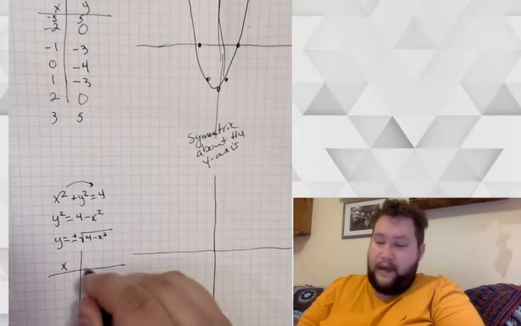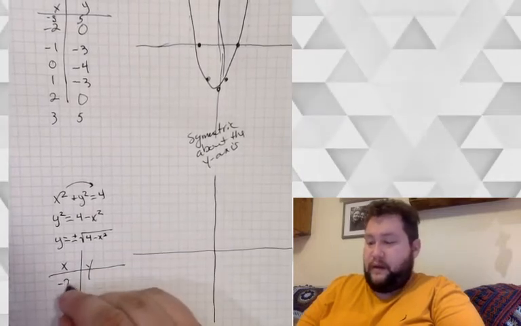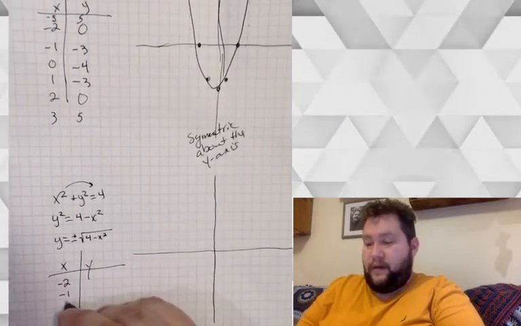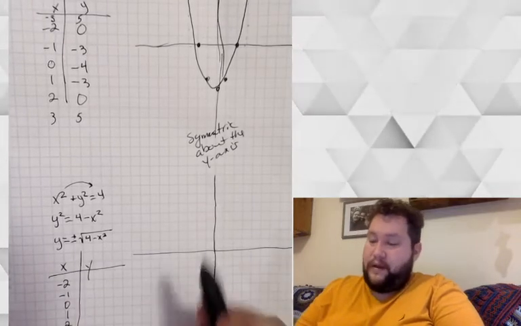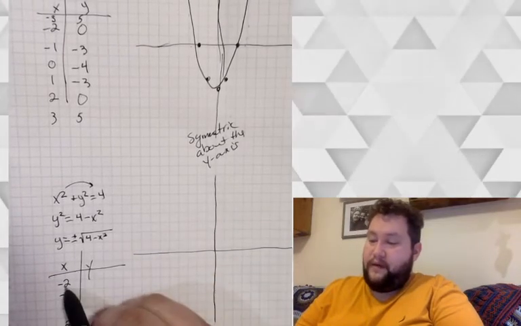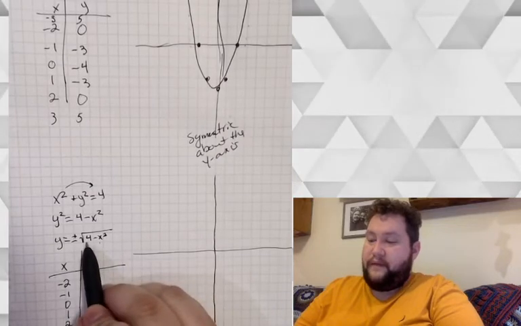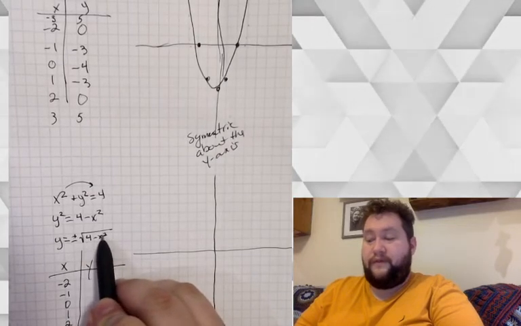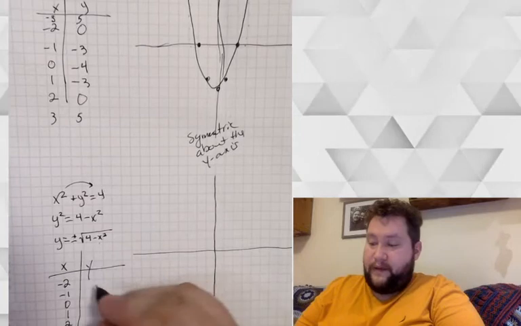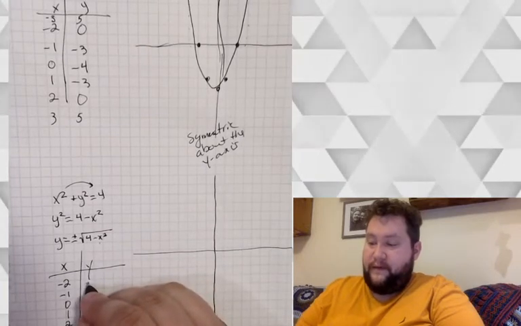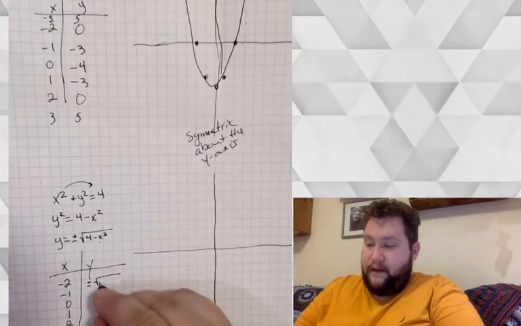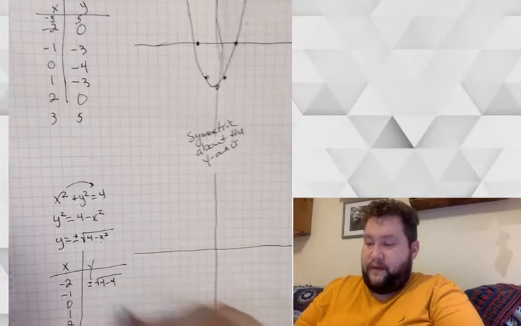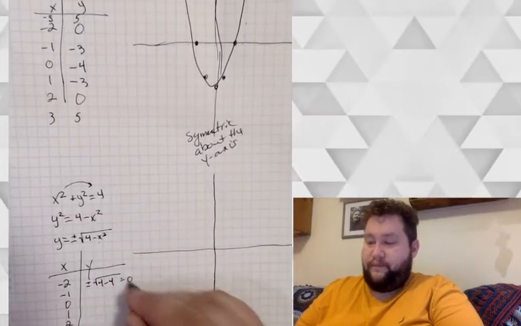We'll do our y. We have -2, -1, 0, 1, and 2. And then when we plug it in, we plug in -2 here. 4 minus -2 squared is 4, so 4 minus 4 is 0. Let me write this one out. We get plus or minus the square root of 4 minus 4. Well, that's 0.